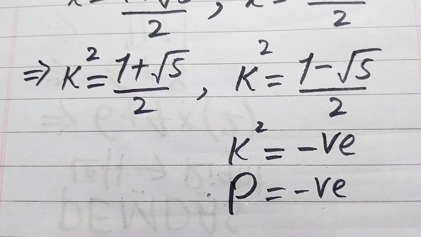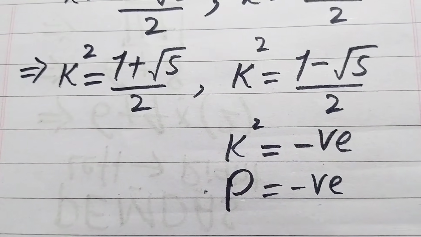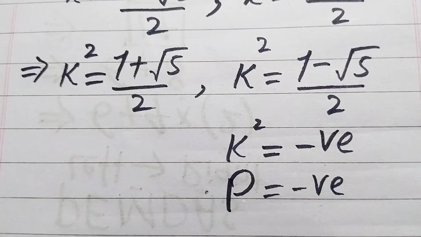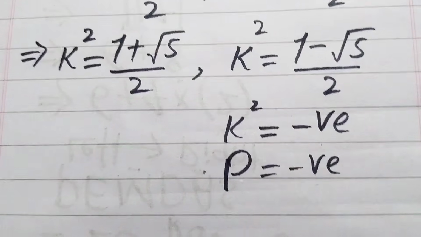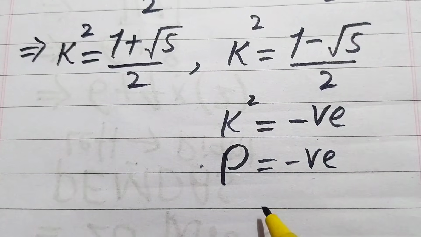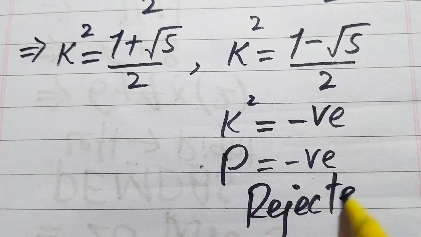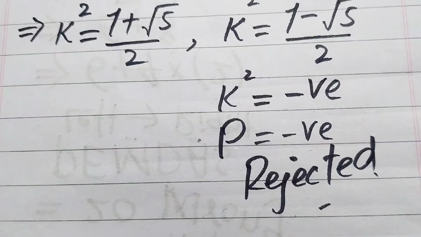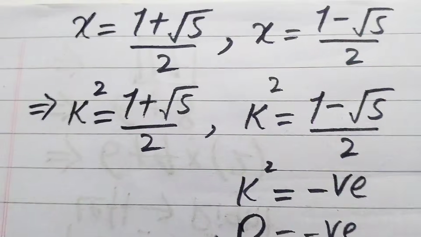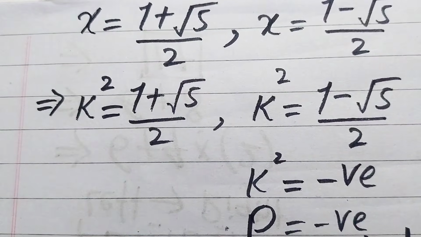And you also very well know that in a given right triangle, all of the side lengths are always positive, or always non-zero. So if the perpendicular side becomes negative, then we reject this case, and we have just one case, and that is k square is equal to 1 plus square root of 5 divided by 2.